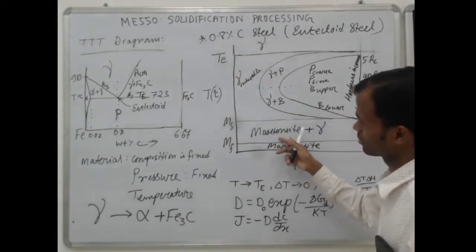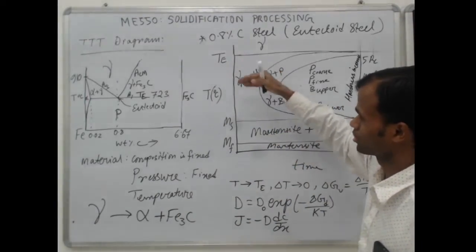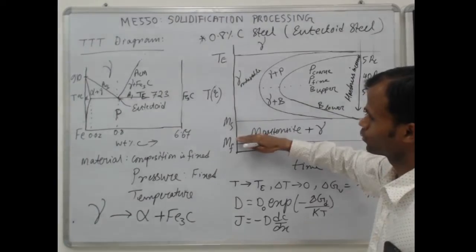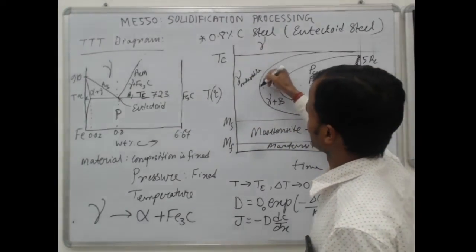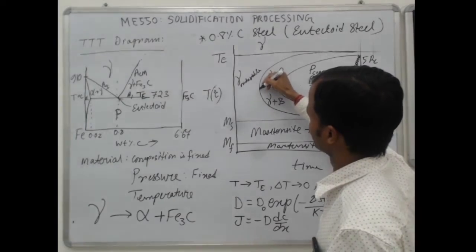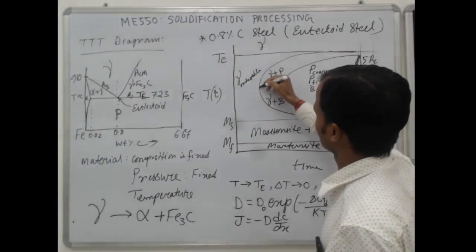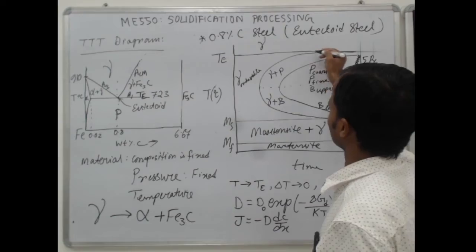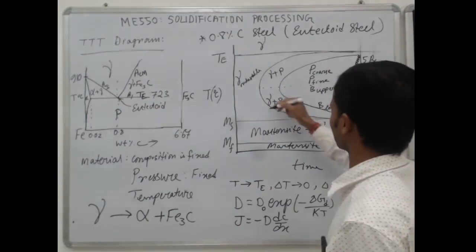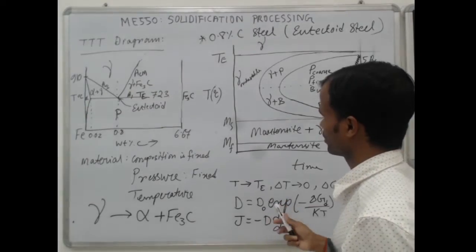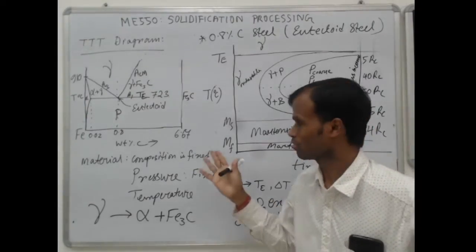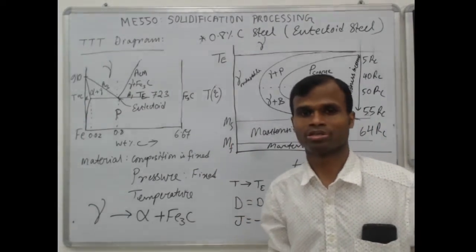In the case of martensite, undercooling is so high, and you are not intersecting the nose or any part of this nucleation starting line. So what will happen? Your cooling rate is very fast. When your cooling rate is very fast, diffusion is not possible here.